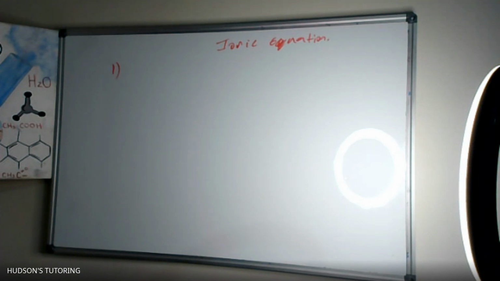Once you have written the balanced equation, you move to the second step, which is breaking up the compounds into ions, meaning the constituent ions that make them up. But be careful.